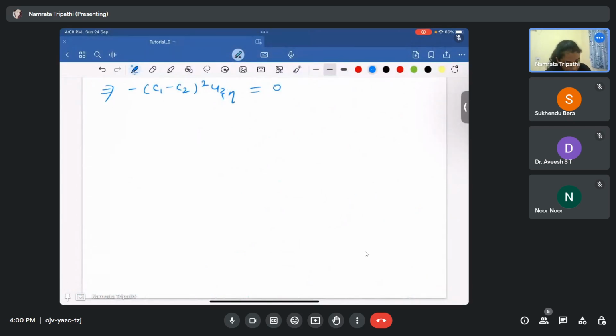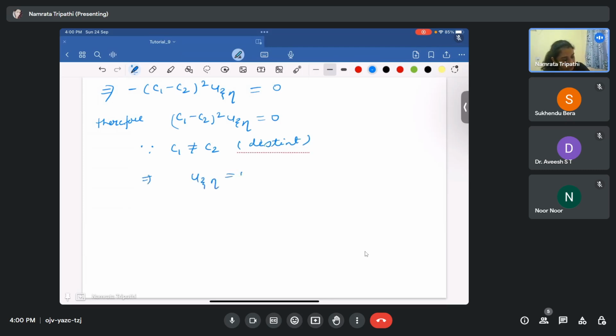Since c1 and c2 are not equal, because in the question c1 and c2 are distinct roots, that implies u xi eta is equal to 0, which we have to prove. Is there any doubt in this question?